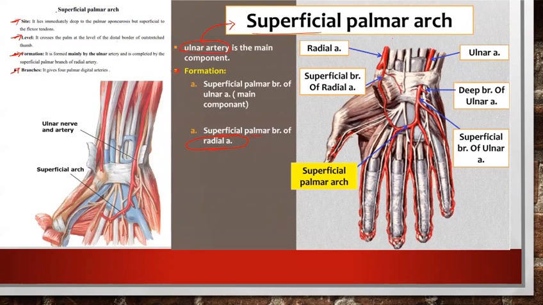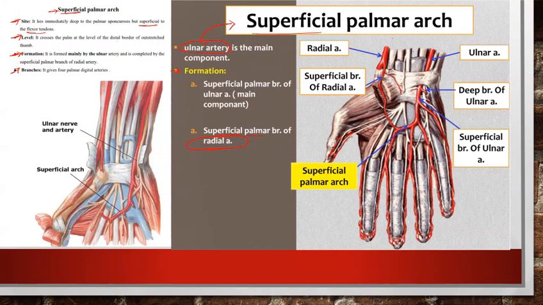What is the site of the superficial palmar arch? From its name, superficial means superficial to the flexor tendons. Here is the flexor retinaculum. Below it pass the flexor tendons of the flexor muscles.